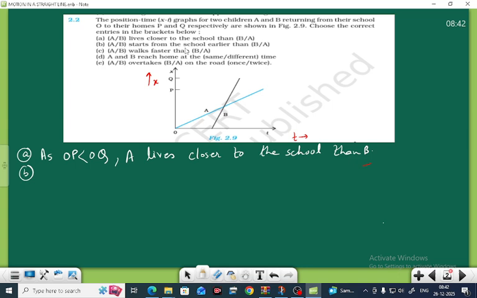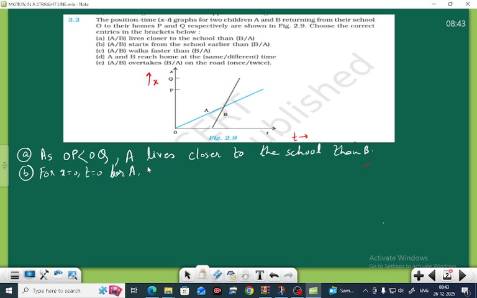You see here at this point it is considered that A starts from x equal to 0, the origin. That means A starts before B, right? So you can write that for x equal to 0, t is equal to 0 for A. That means A starts from the origin, but B doesn't start from it; some time has expired up to here, and here it is started, right?